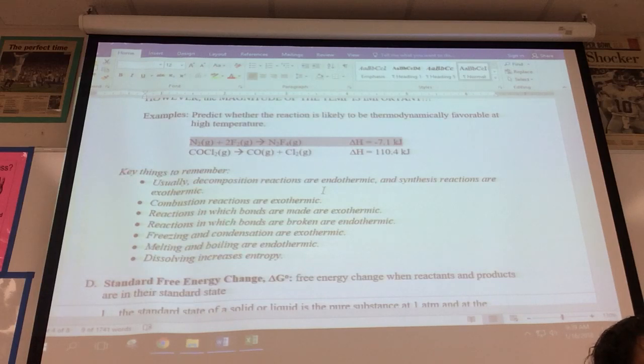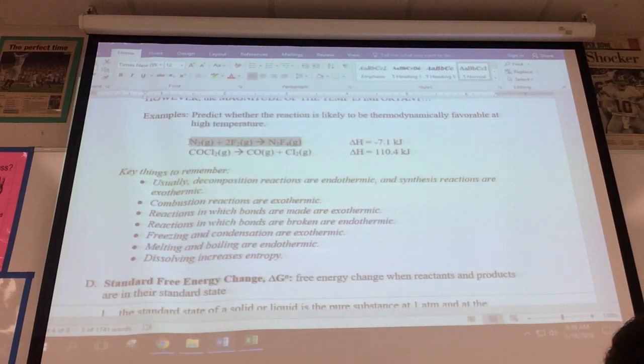Almost. Not only do you look at the coefficients, you also look at the state of matter. In this case, your trick is going to work, but in an explanation, you're not quite there. What you're looking at here is you have all gases in that reaction. How many moles of gaseous reactant do you have? 3.